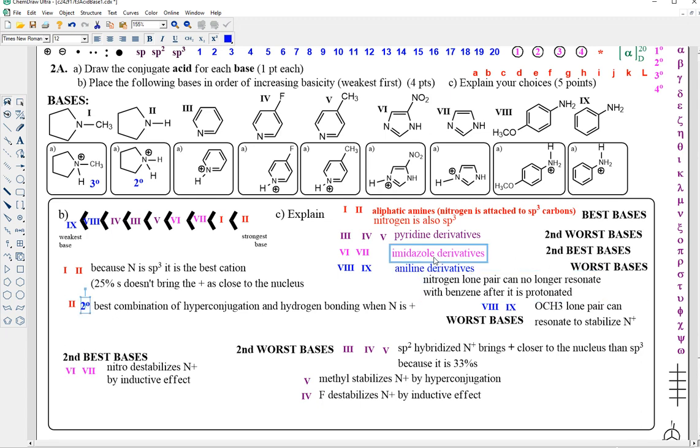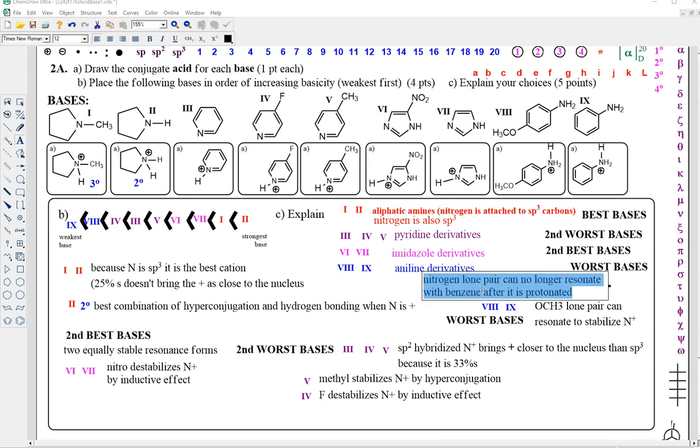Second best bases, imidazoles. We didn't explain why they're second best. They have two equally stable resonance forms. That's why they're second best.